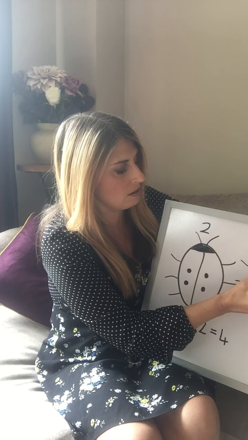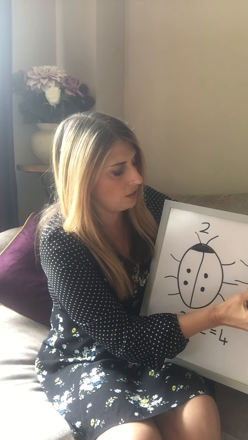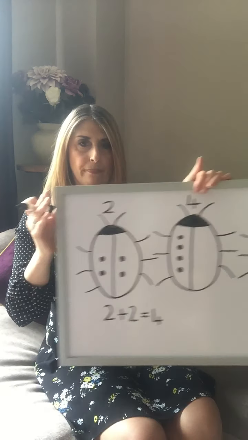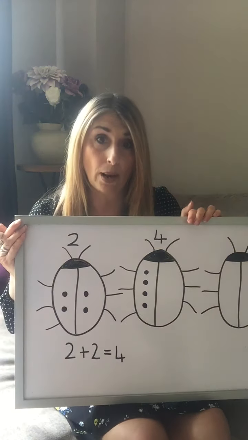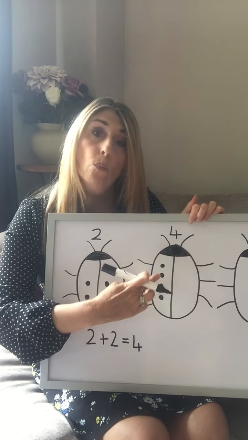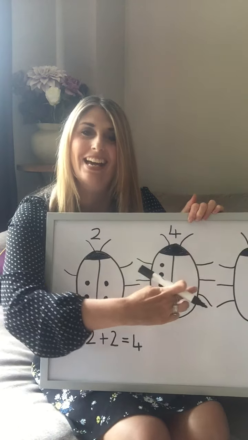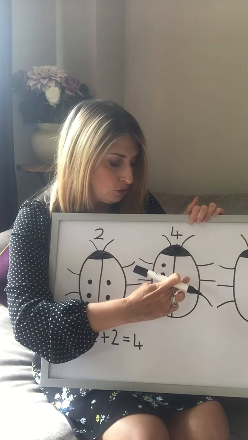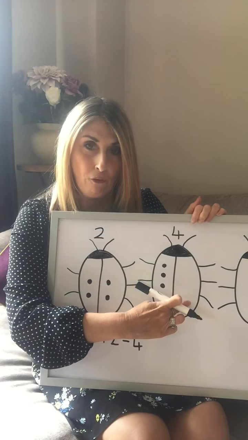So 1, 2, 3, 4. And again, when we double, we have the same amount again on this side. So I need to draw another 4.